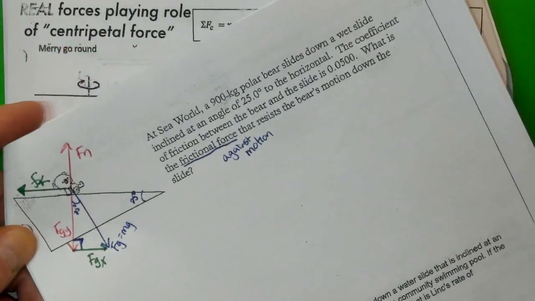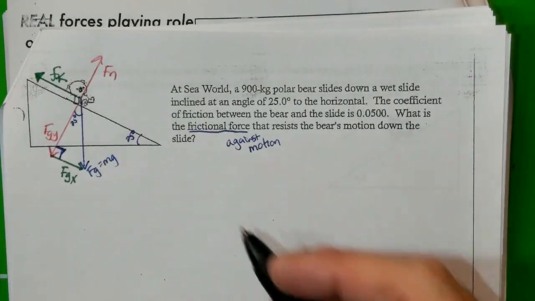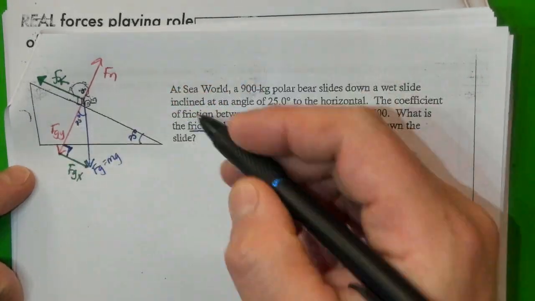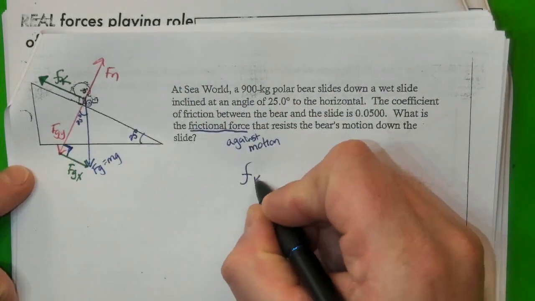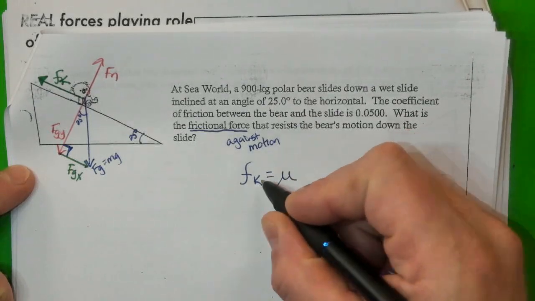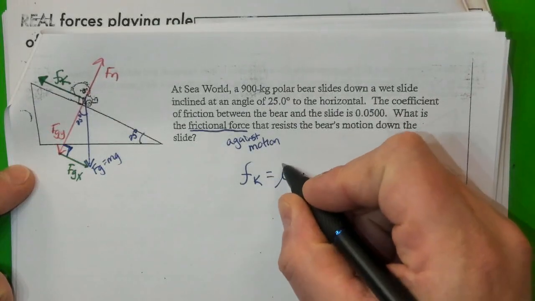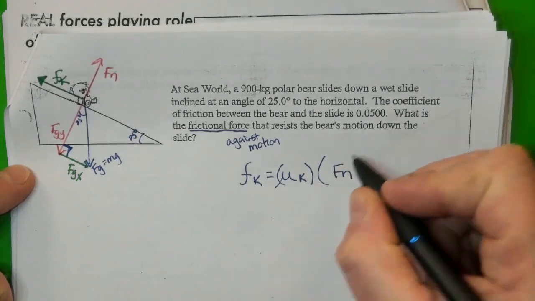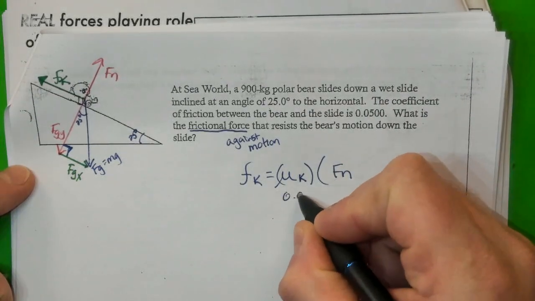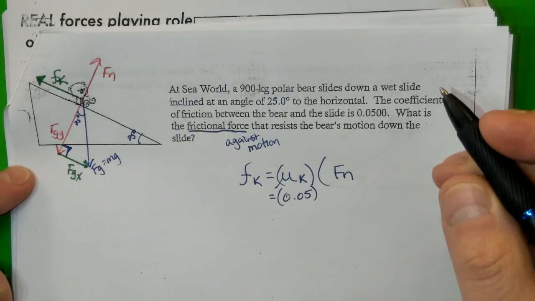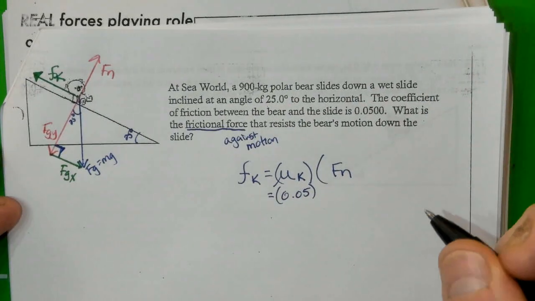The only unknown here is not the acceleration, but the kinetic friction force. According to the formula, the friction force is equal to mu, the coefficient of friction, times the normal. The coefficient of kinetic friction is provided. It's very small because it's a wet slide with polar bear fur on it, not very grippy.